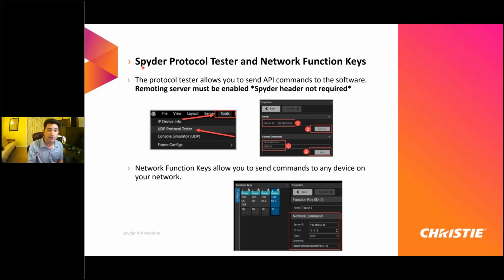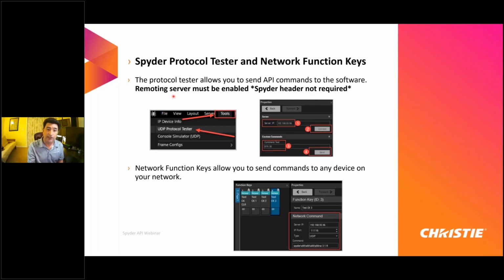That protocol tester allows you to send those commands. You have to enable the remoting server, and you don't need the Spyder header. You can just simply send the API command directly to the Spyder to get this started.